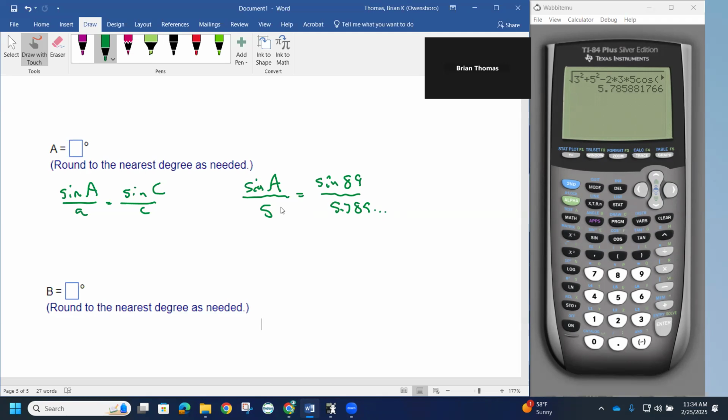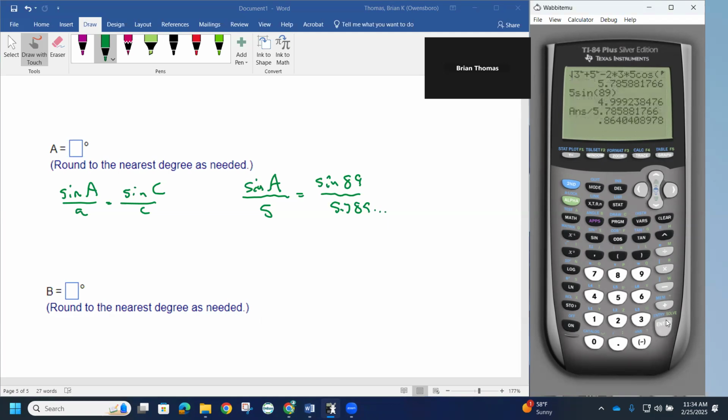So to find the angle A, we have to kind of cross multiply and divide to start with. So 5 sine of 89. And then we're going to divide by, and I'll go up here and copy this in, this 5.785 thing, so it's not rounded.